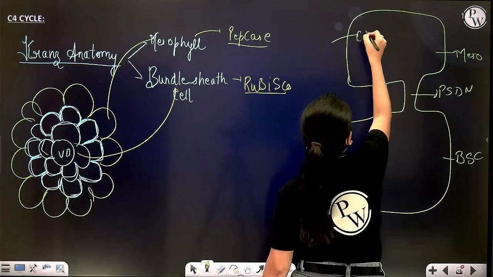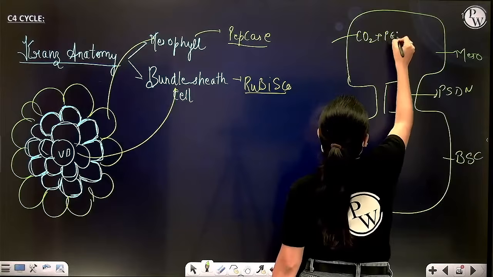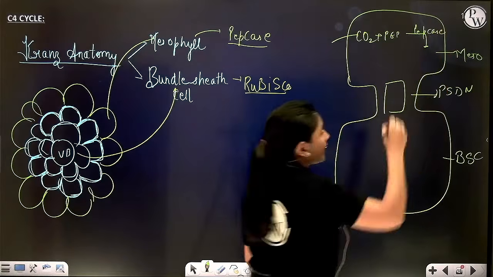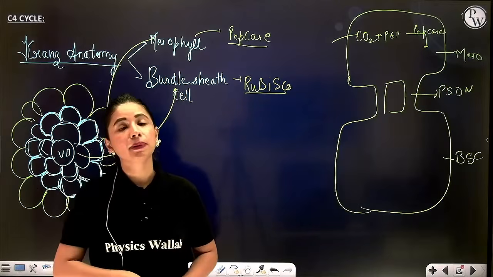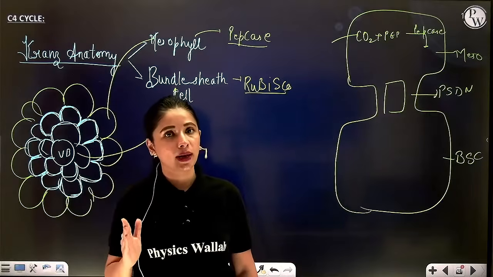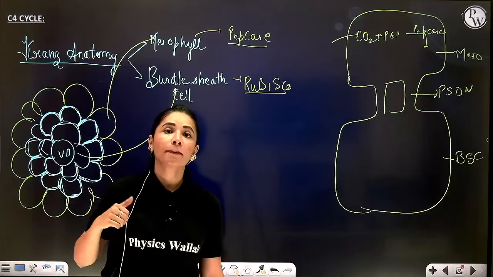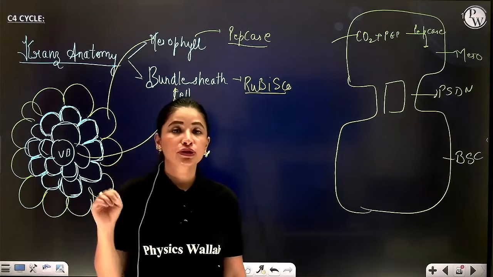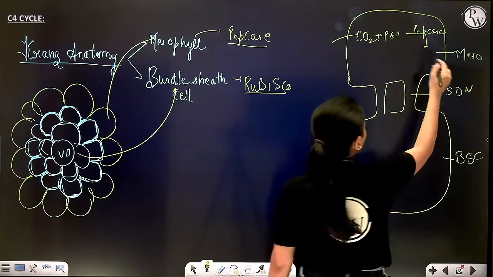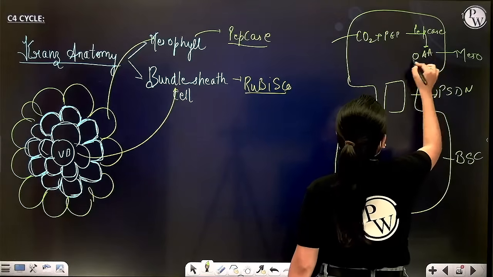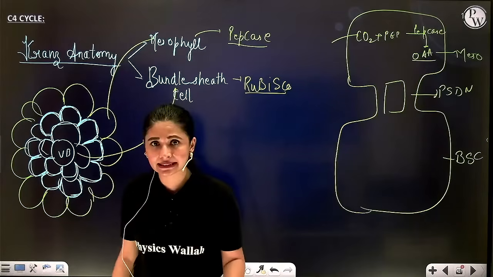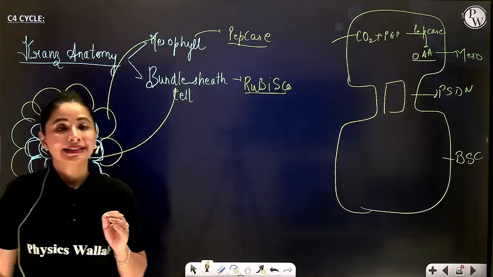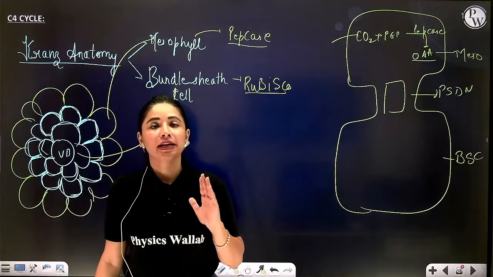CO2 inside the mesophyll cell binds with its primary acceptor, phosphoenol pyruvate, in the presence of the enzyme PEPcase, to produce the first stable product, which is a 4-carbon compound called oxaloacetic acid.